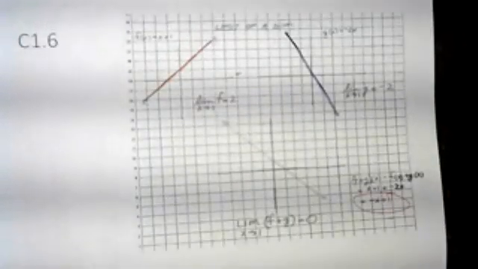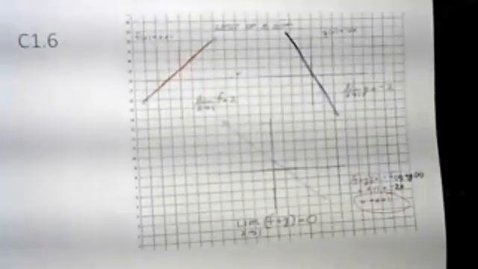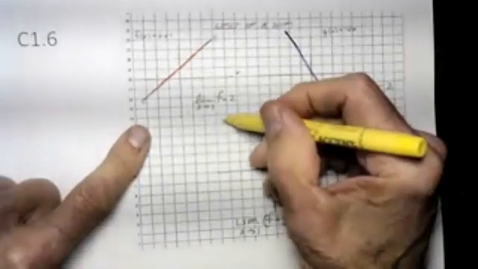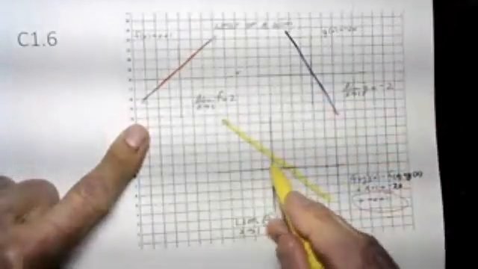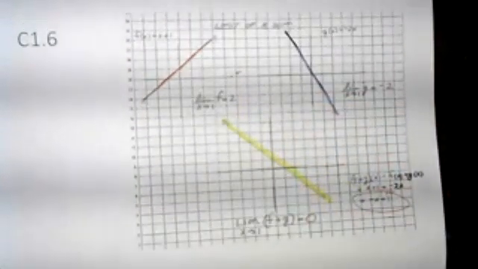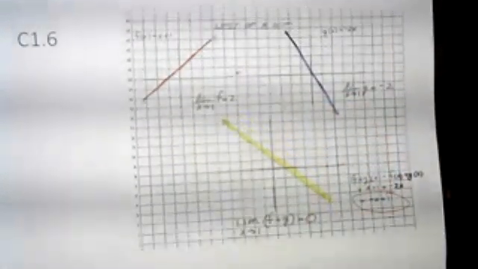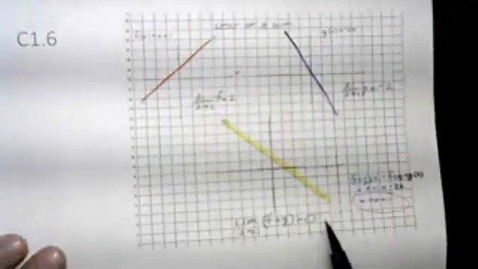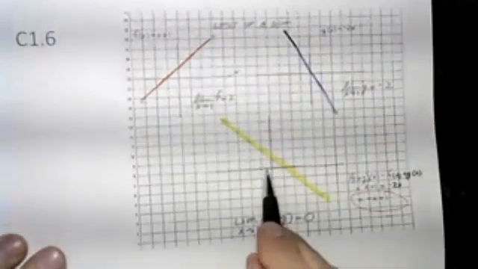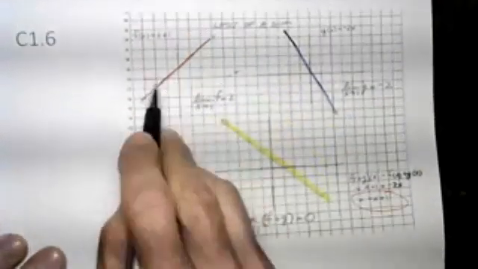If you graph negative x plus 1, it hits at 1, has a slope of negative 1, which is down 1 and over 1, right? And as x approaches 1 in the red function, we know that the red goes to 2.